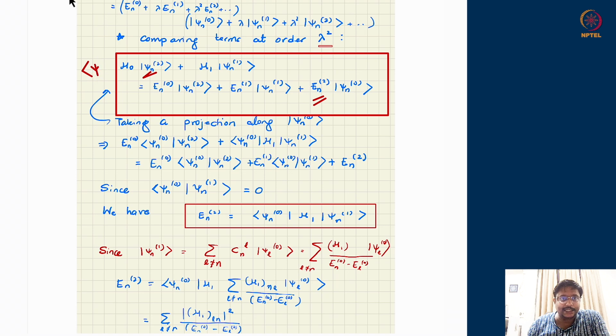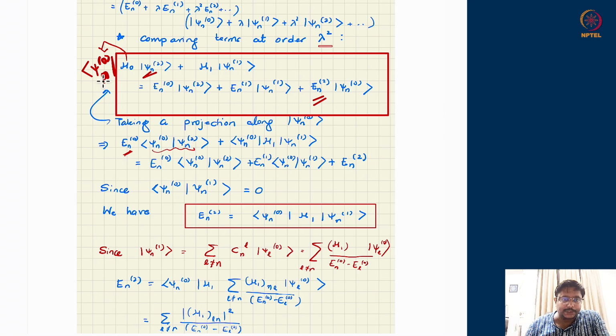I will take the bra psi n0 from the left hand side and take the inner product of the whole equation. If I take a bra psi n0 from the left, this operator H0 acting on psi n0 will give me the energy eigenvalue En0, and then psi n0 will hit the psi n2. So that will be this term.